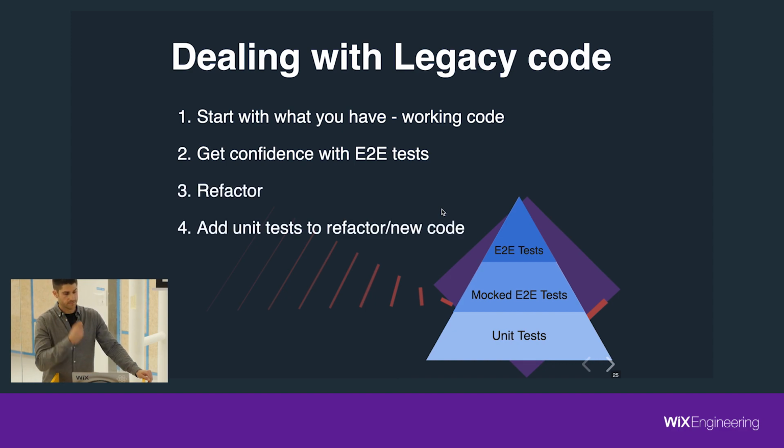Then I refactor. And each time I refactor, I add unit tests for the refactor or for the new code. And if I need to do it more and more, I jump to number one and do it as many times as I want.